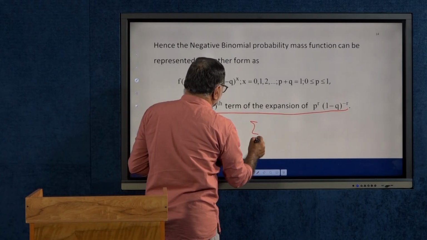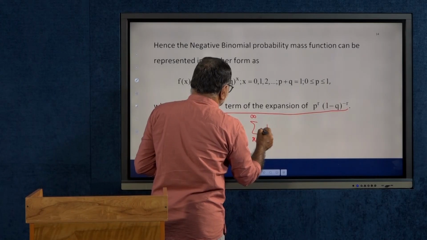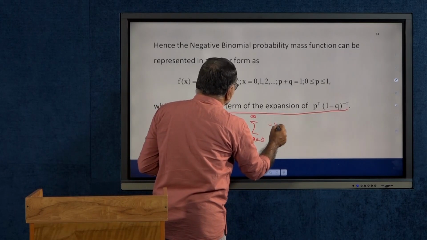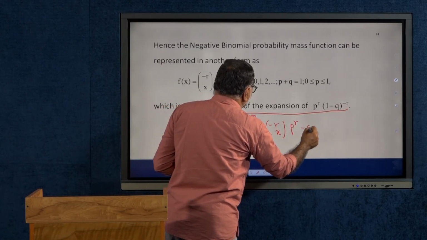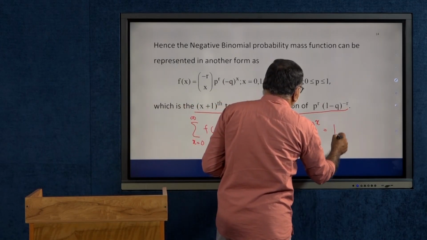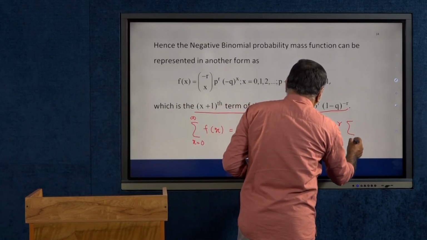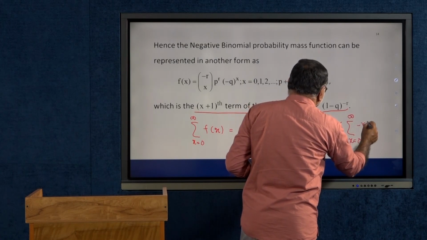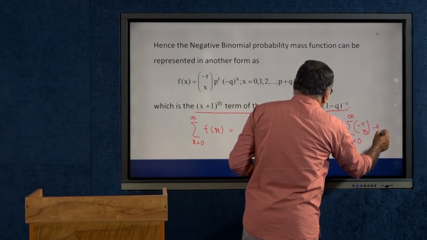This is equal to sigma x equal to 0 to infinity of minus r c x p power r minus q power x, and that is equal to p power r, which is nothing related with the summation, times sigma x equal to 0 to infinity of minus r c x minus q power x.